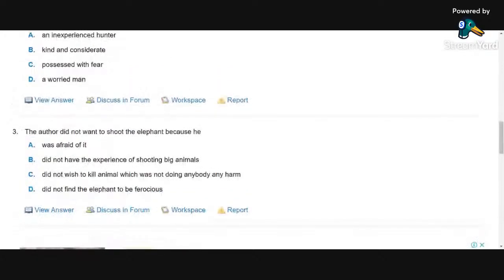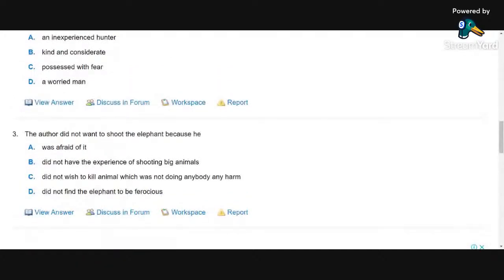So, third question: the author did not want to shoot the elephant because he, option A, was afraid of it; B, did not have the experience of shooting big animals; C, did not wish to kill an animal which was not doing anybody any harm; D, did not find the elephant to be ferocious.